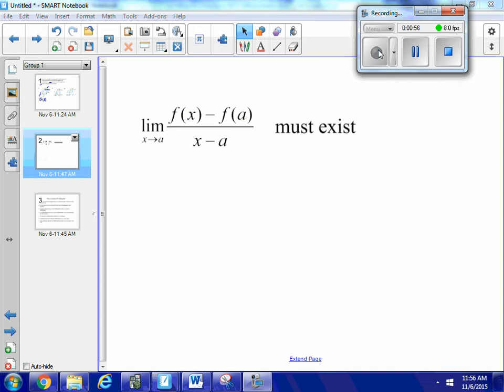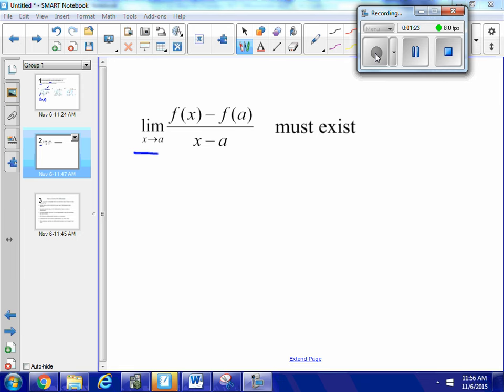Now, in order for something to be differentiable, the limit as x approaches a of f of x minus f of a, divided by x minus a, must exist. You probably recognize this as one of the forms that we've used to calculate the derivative, the slope of the tangent at a particular point.